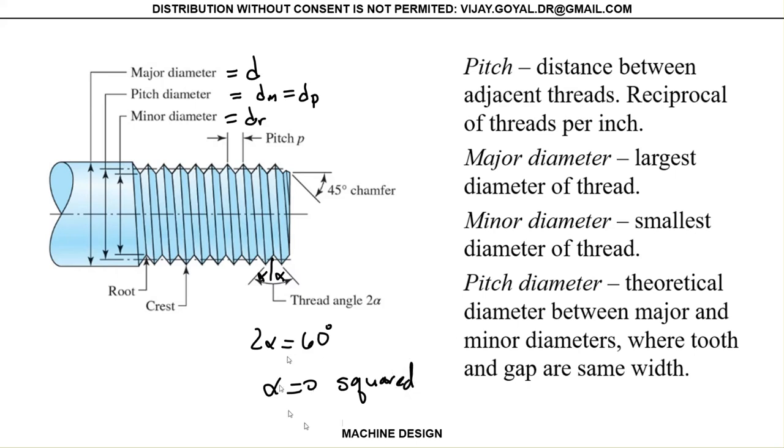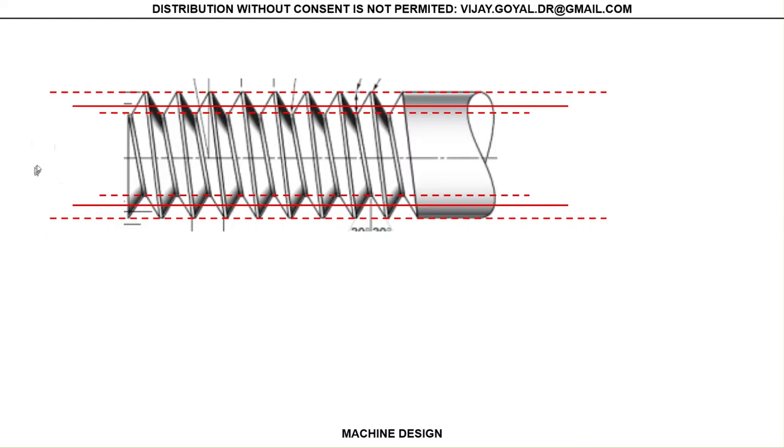We will talk a little more about this as we move along. You have the definition of pitch: the pitch goes from one crest to another crest. Just to give you some definitions, I already gave them in the previous slide, but maybe this is a little more helpful. This is the pitch diameter that goes from here to here.